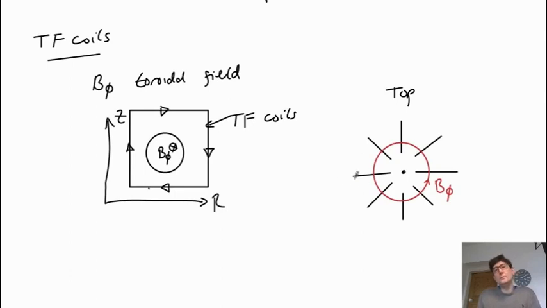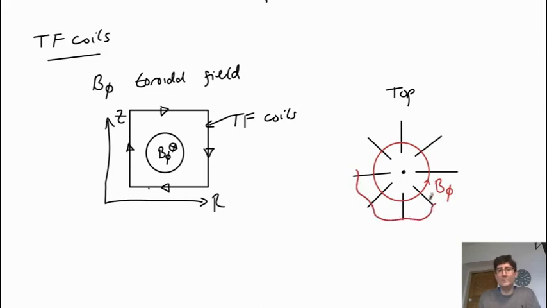Now there's some subtlety to this. If you have too many coils, what happens is it's too expensive and you need to buy lots of coils, and you don't have much space in between the coils to put things like heating systems or diagnostics. But if you don't have enough coils, you end up with essentially a strong magnetic field near the coils, and then a weak magnetic field in the middle. And so the magnetic field near the coils ends up looking a bit like this.